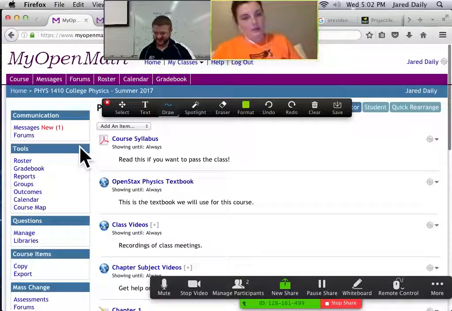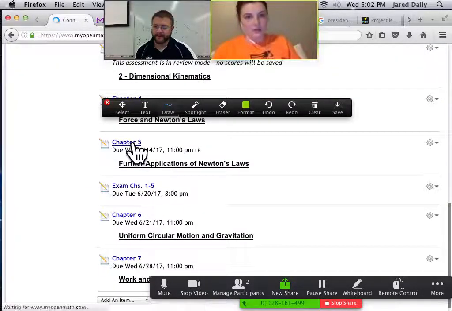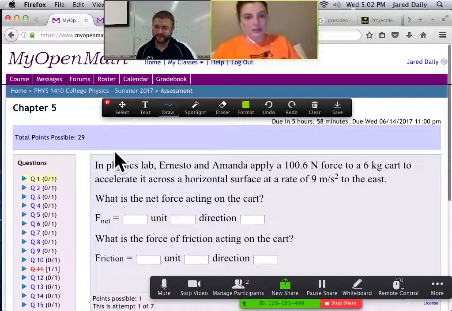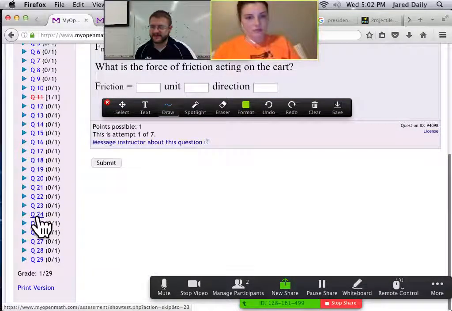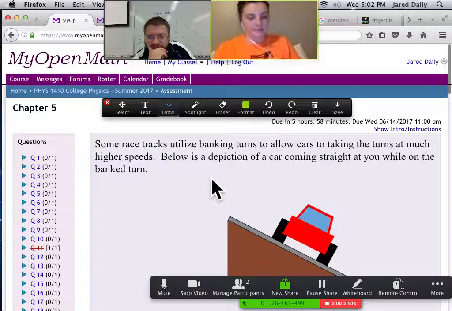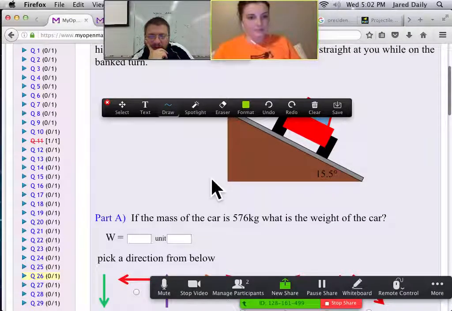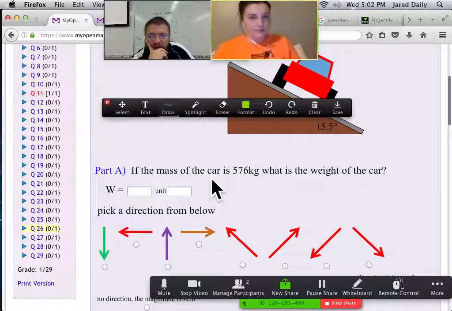Okay, so part A, when it's asking for the weight of the car, it's not asking you to split it into perpendicular and parallel. So this is 26. No, they just want to know the weight of the car.